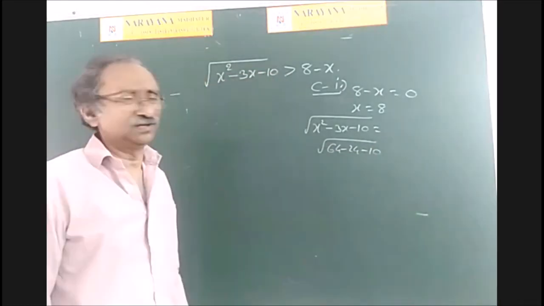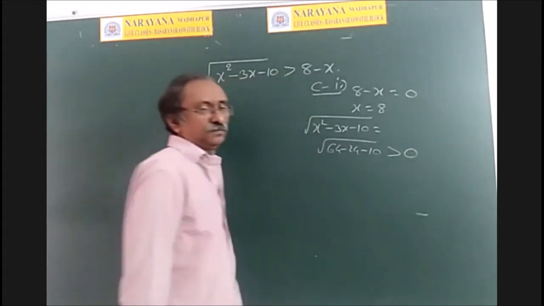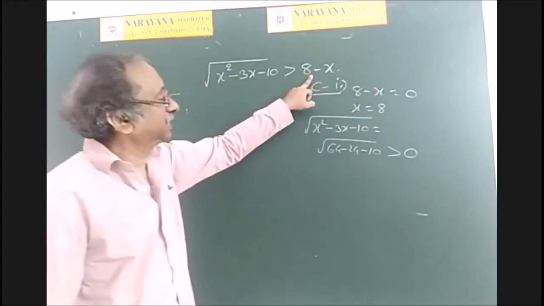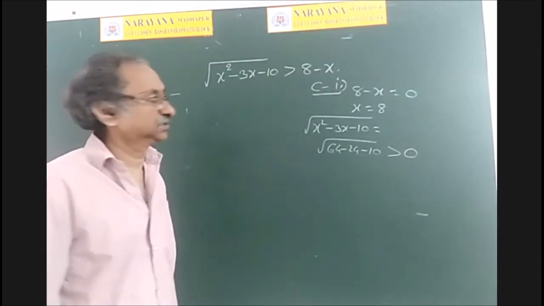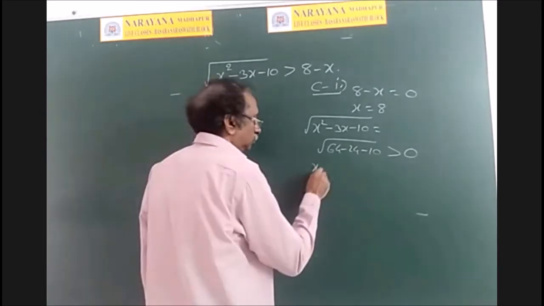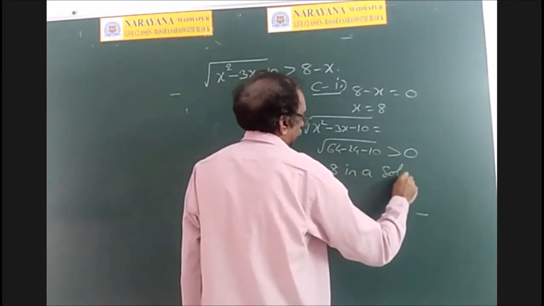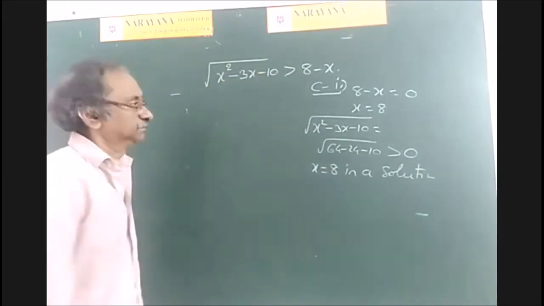So I don't simplify that. I know that this is a positive number. So the right hand side is 0, the left hand side is positive, positive greater than 0, definitely it works. Therefore, x is equal to 8 is a solution. So definitely 8 is a solution of that inequality, right?